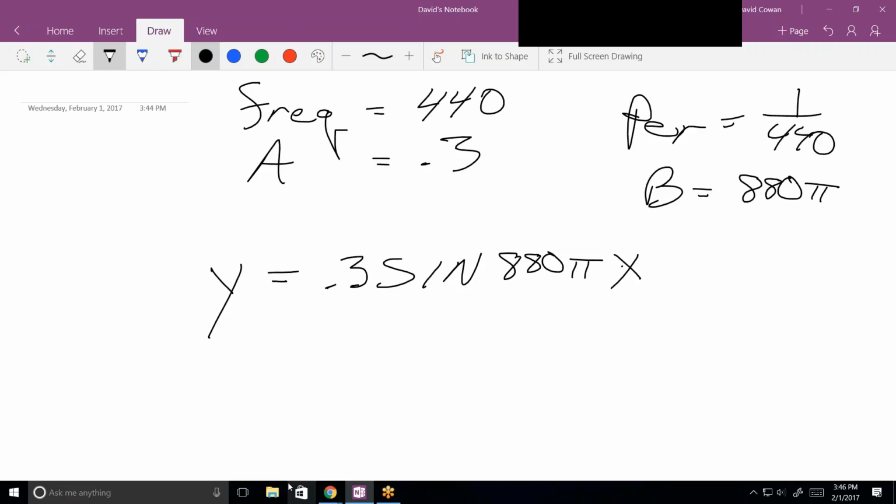The moment I put a point with nothing in front of it, the 0 is presumed. I think that's what our teacher does too. 0.3 is the same as .3. I don't need the 0. That's the way I look at it.